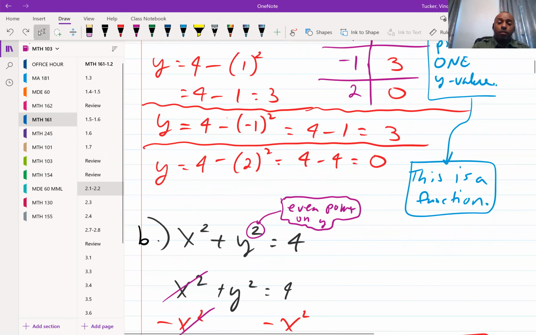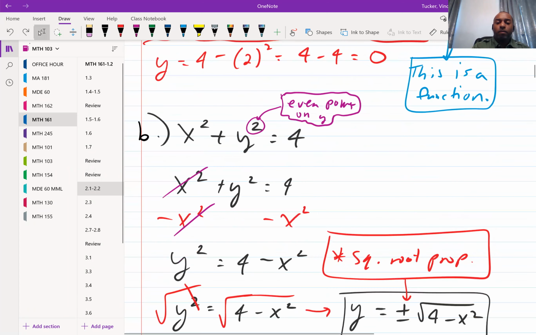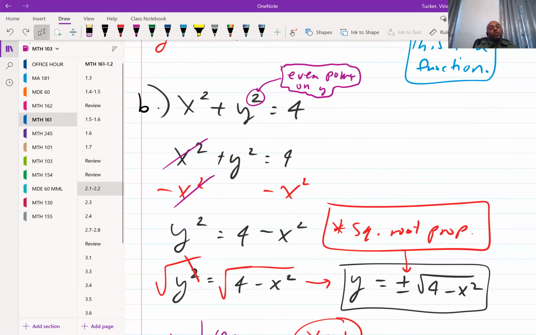Because when you go ahead and solve, remember the first step was to solve for y. You will subtract x squared from both sides. Then you have y squared equal to 4 minus x squared. Then you'll take the square root of both sides to get y by itself. Now, don't forget, whenever you take the square root of both sides, you have to use the square root property. The square root property will produce plus or minus. That's how we're going to get the multiple values for y.